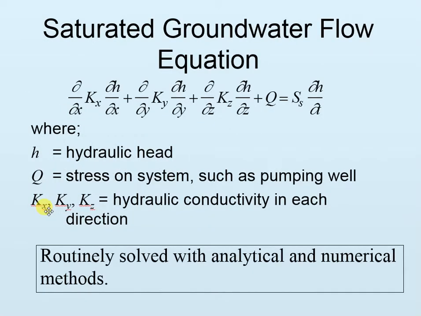A little bit about the simulation model, just some basic information that will be useful to us as we go through the series. We'll be focused on the groundwater flow equation, which is shown here in 3 dimensions, where H is the hydraulic head, the state of the system, and is determined as a function of this equation, and also the parameters of the equation, which include the stresses on the system, which will be our focus, such as pumping wells or other imposed stresses.